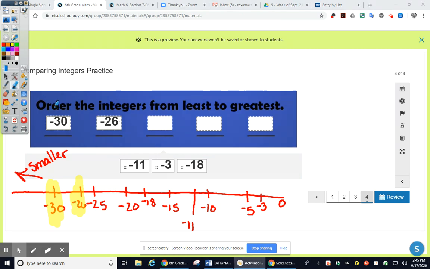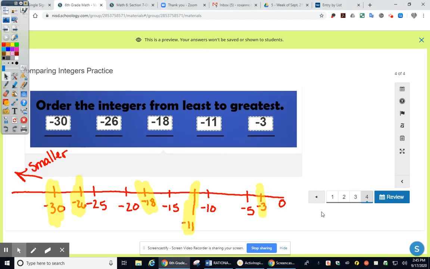Then negative 18. Negative 11. And then negative 3 is actually the largest number in this set. Okay, so if it helps, draw a number line, or just remember in negative world, this is what you owe, not what you have.